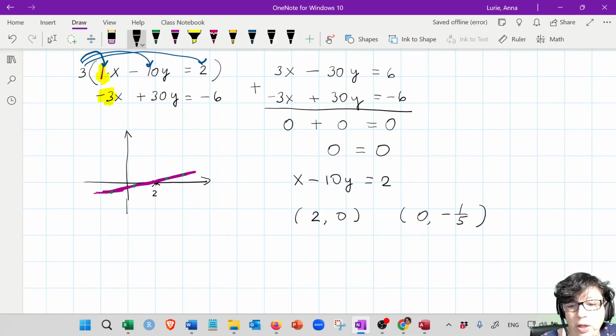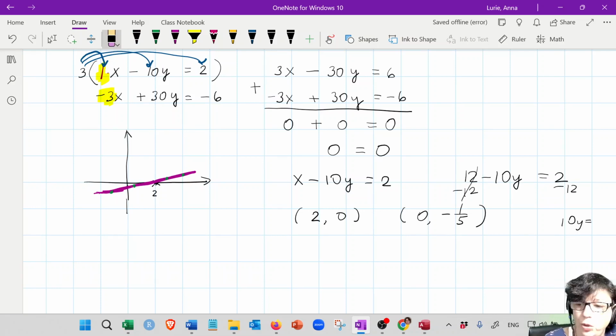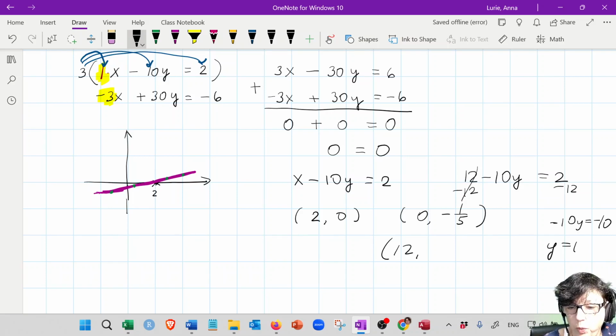For example, if x equals 12, let's just say it's 12. So what would that mean? 12 minus 10y equals 2. So let's subtract 12 from both sides. 12 will cancel. So you'll just get -10y equals 2 minus 12, that's -10. So that just means that y equals 1, right? So it's also possible that (12, 1) is a solution.